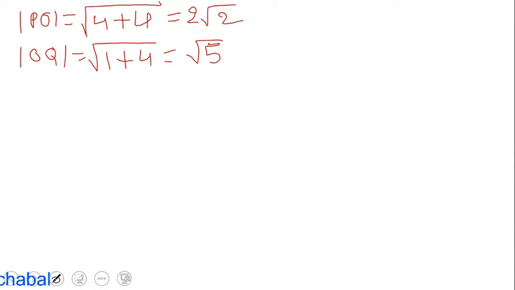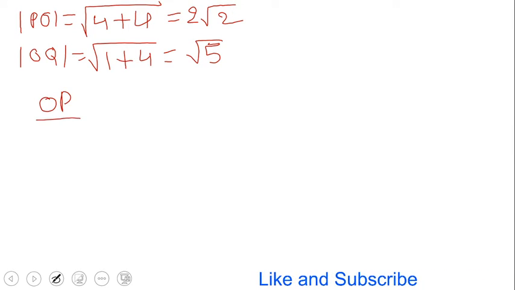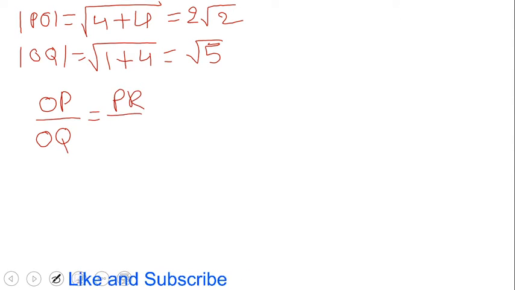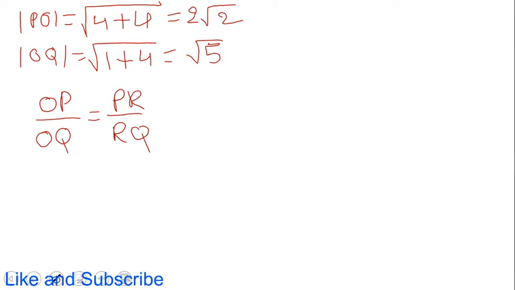Further, we observe that since OR is the bisector of the angle, we can use the rule OP upon OQ equals PR upon RQ. From geometry I have taken this.